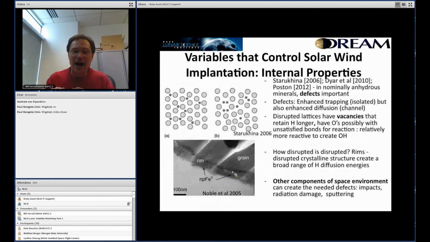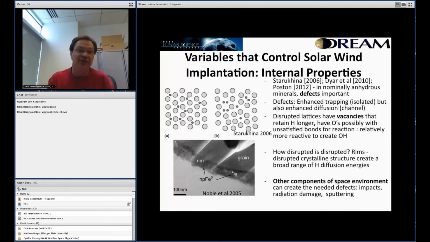But the thing that controls this implantation is the internal properties of the material itself, and that is especially defects. Darby Dyar wrote a nice paper addressing that, and Starukhina talked about that as well. Basically, defects can enhance trapping locations by providing vacancies.